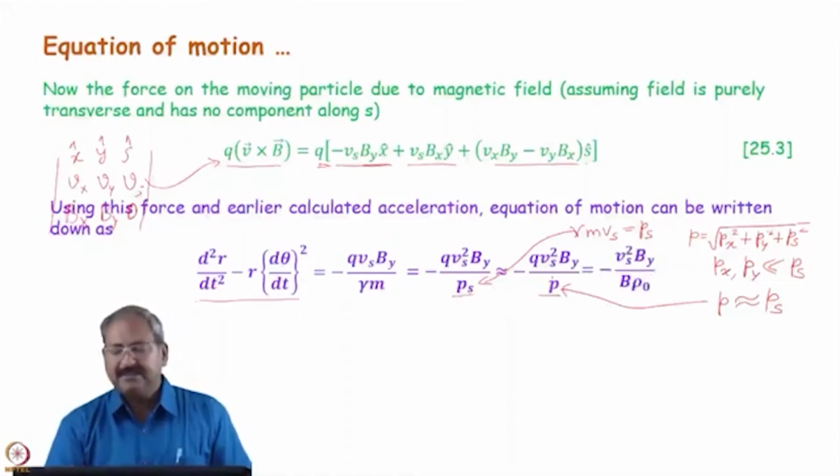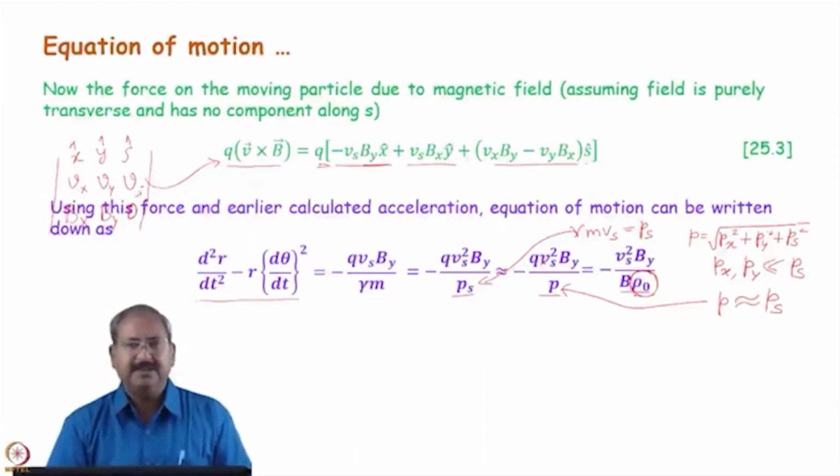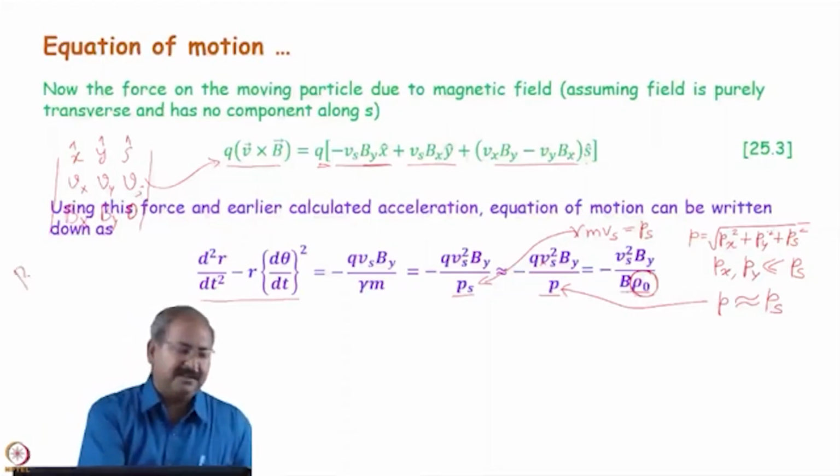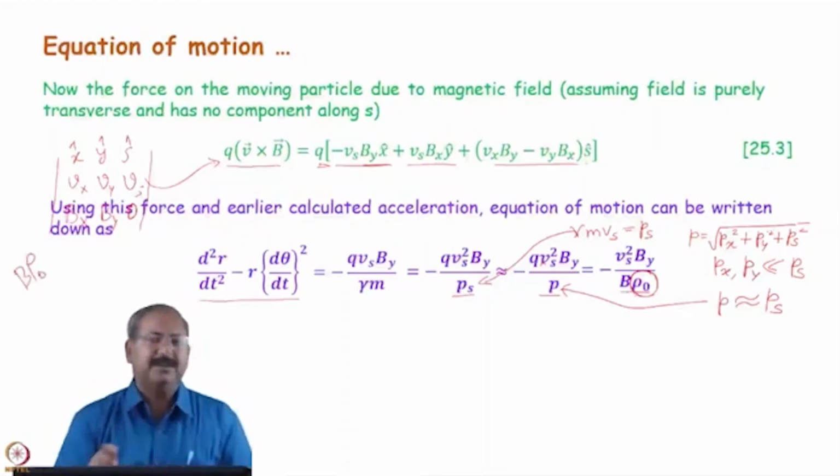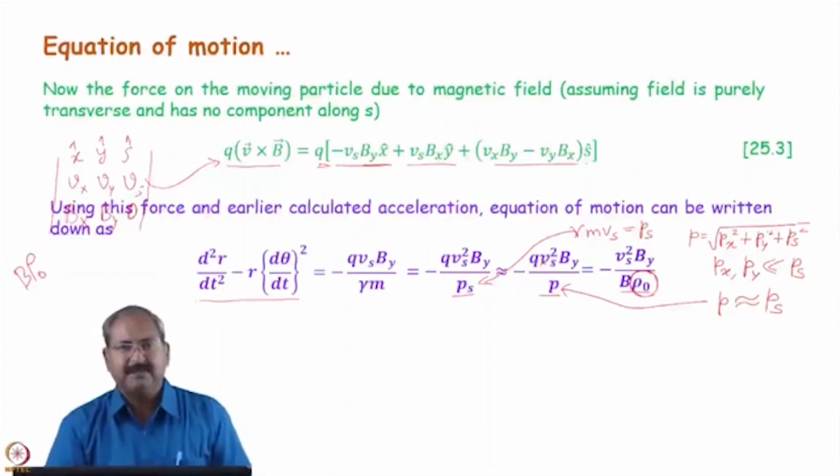Now, as you know, momentum can be written as q B into R, where R is rho 0, the radius of curvature of the design trajectory. So in place of P we can write B rho 0 by q, and q by P can be written as 1 over B rho 0. In an accelerator, this term B rho 0, or B rho, is known as magnetic rigidity.